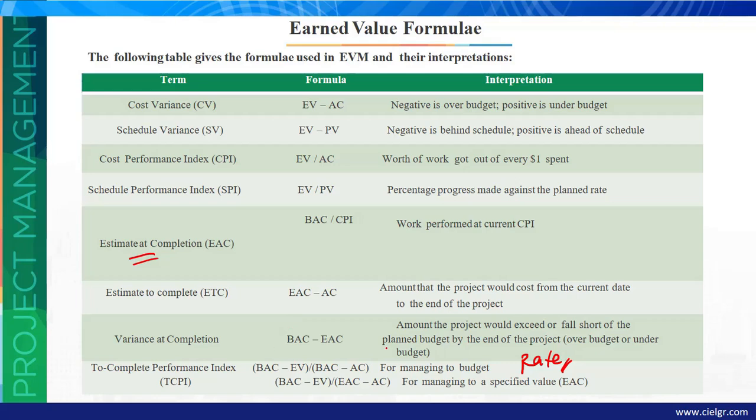So if we want to be able to determine the rate of work that is needed to bring back the project to the initial budget at completion, we use the formula BAC, that is budget at completion minus earned value, divided by budget at completion minus actual cost. However, if we want to realign the project to be in line with the new estimate at completion, then we use the formula budget at completion minus earned value divided by our estimate at completion minus actual cost. Alright, so let's dive into Primavera and see how this works.